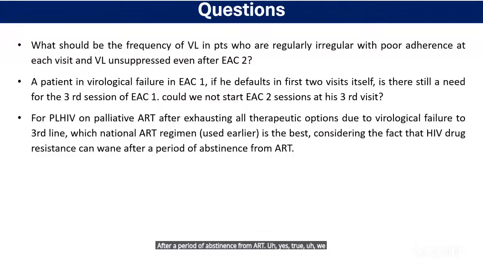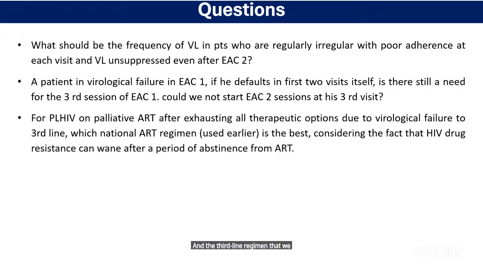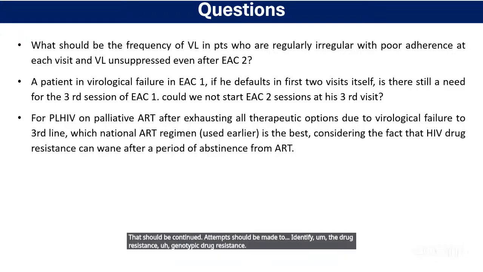We have a number of drugs, and the third line regimen that we use is darunavir, ritonavir 600/100 BD, DTG 50 BD, as well as a TLD 300 tablet. I think that's a potent regimen that should be continued, even if the patient is failing the third line. Attempt should be made to identify the drug resistance, genotypic drug resistance, if it is feasible.